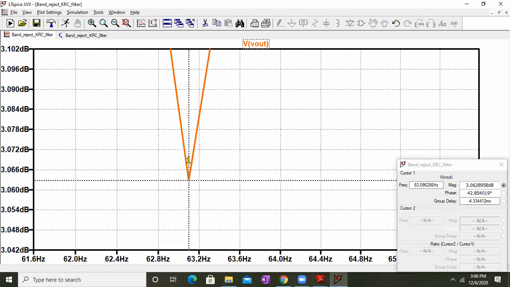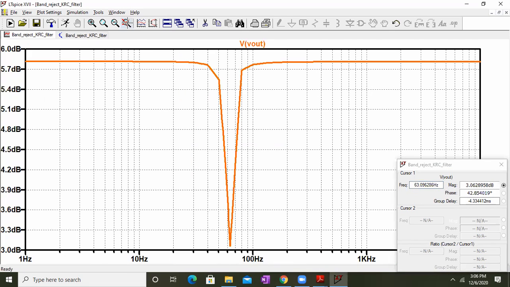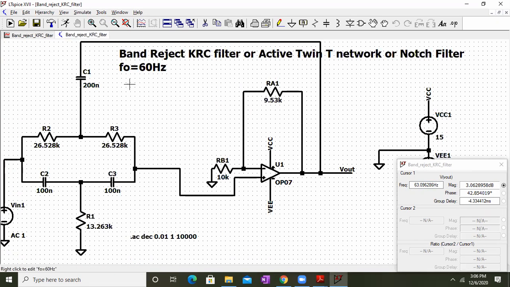Okay, so if I place this down, I'm getting 63 hertz. Instead of 60 hertz, I'm getting the notch frequency at 63 hertz. That's absolutely fine, and this is how we get a proper response. The notch frequency will be 63.09 hertz, and we have designed it for 60 hertz, so that's quite close. Even if you tune your components a little closer, you will get tighter control over the frequency.